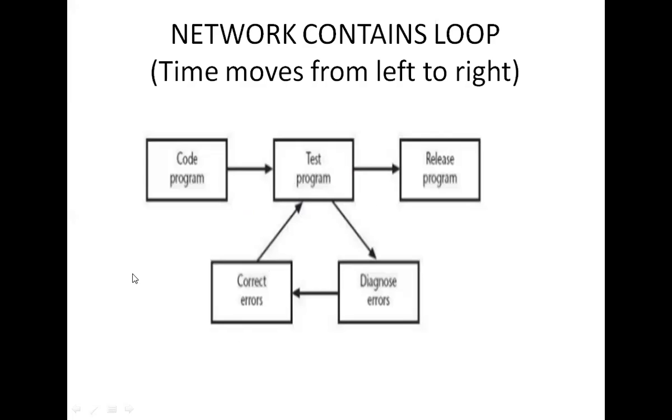Suppose we draw the set of activities in a straight sequence, repeating a number of times, so that it will test the program. A loop represents a situation that cannot occur in practice. Program testing cannot start until the errors have been corrected.